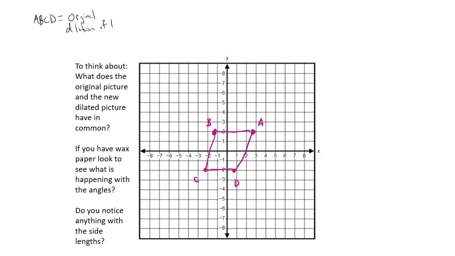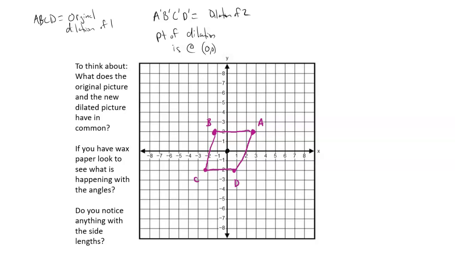Okay. So what I want to do is make a new picture, and I'm going to call it A prime, B prime, C prime, D prime, and this will have a dilation of 2. I'm going to say that my point of dilation, so I always have to start somewhere, is at 0, 0. It's at this point.